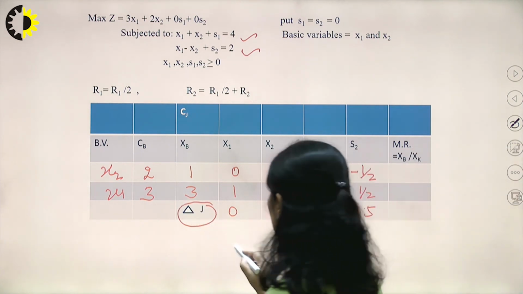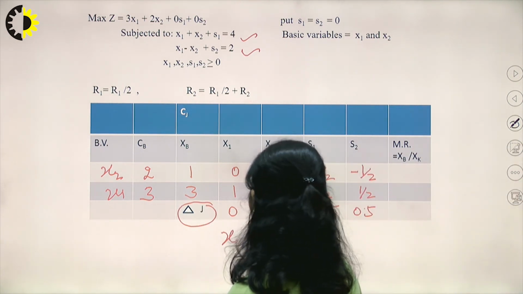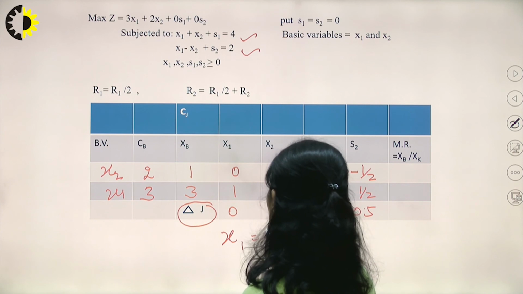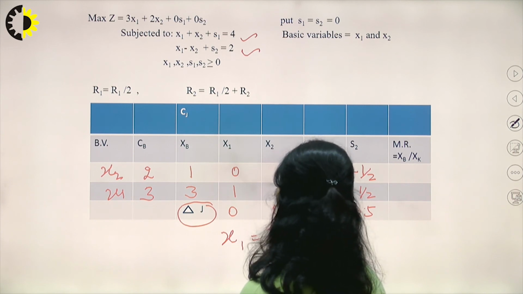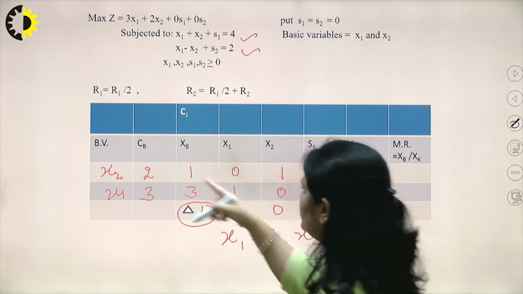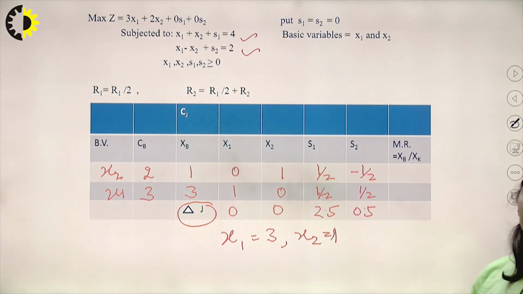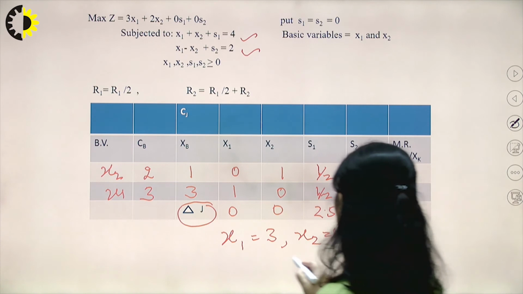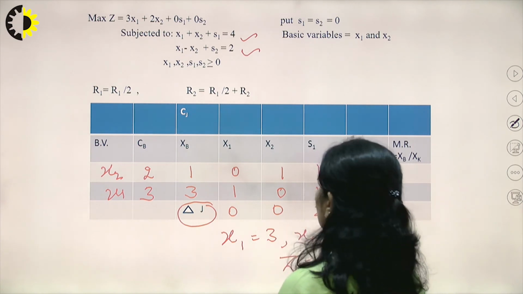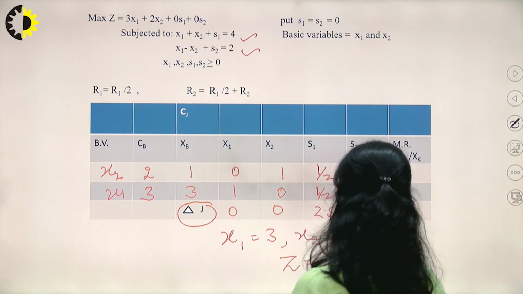So what is the value of basic variables here? X1 is equal to 3 and X2 is equal to 1. Clear? This is the value of basic variables. So what will be the Z? Z is equal to 3x1 plus 2x2.